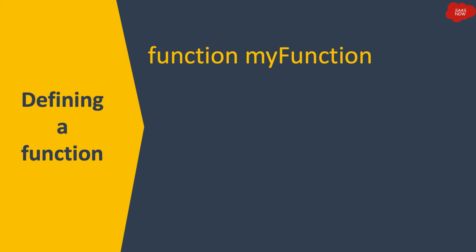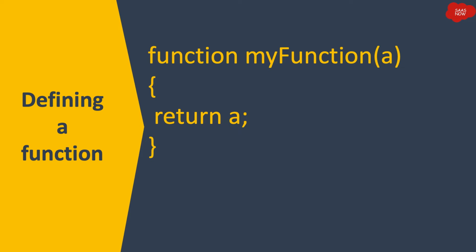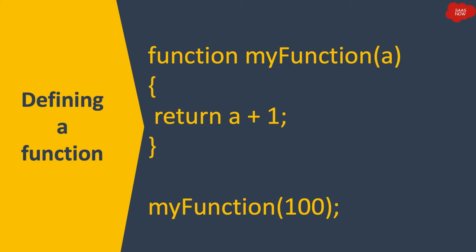Then you use open and closed parentheses, and then start and closing curly brackets. In these curly brackets, you can put the code you want to run for an output. You can also use parameters in a function, and the value of a parameter is passed when you call the function to run that particular block of code. So this is how you define a function.